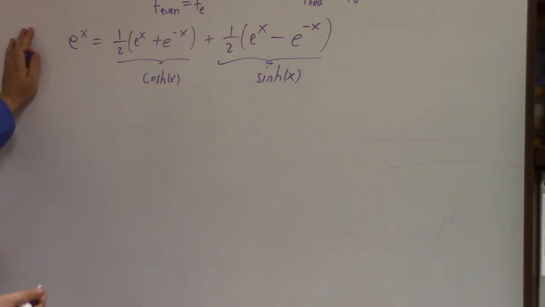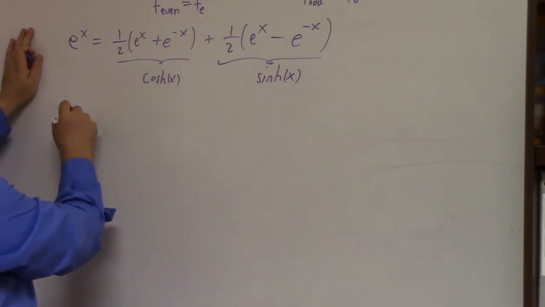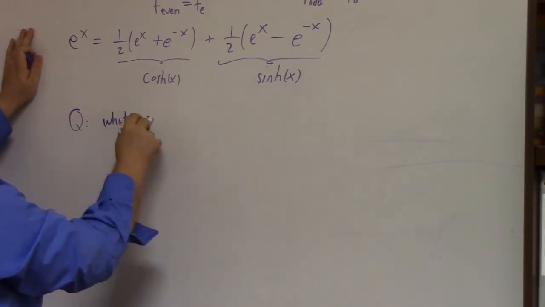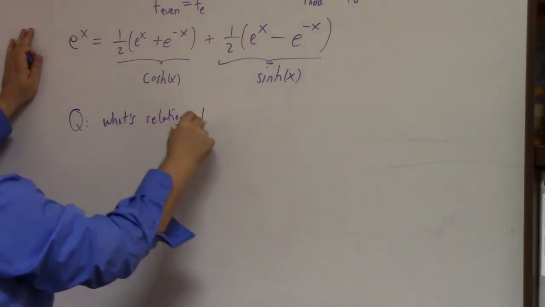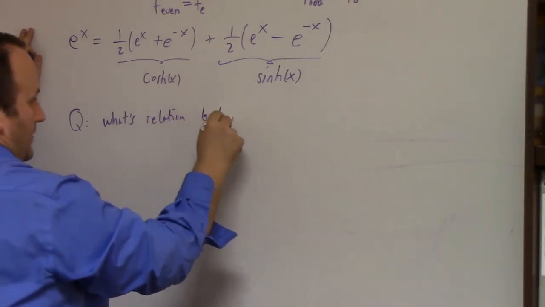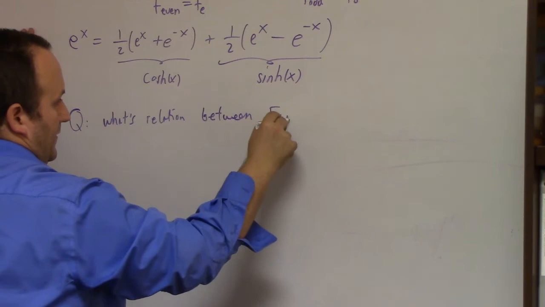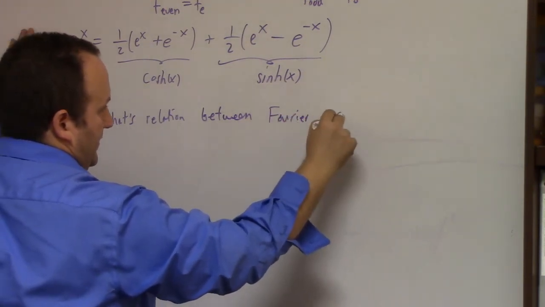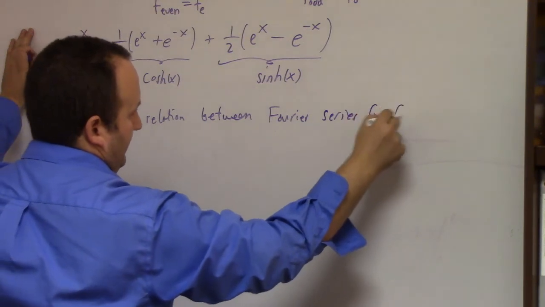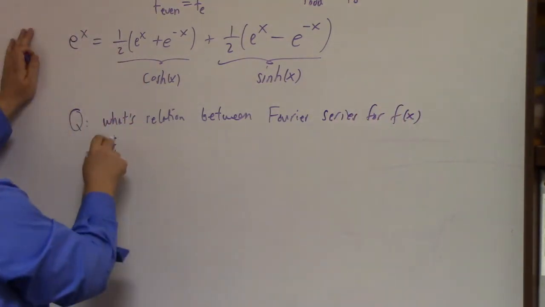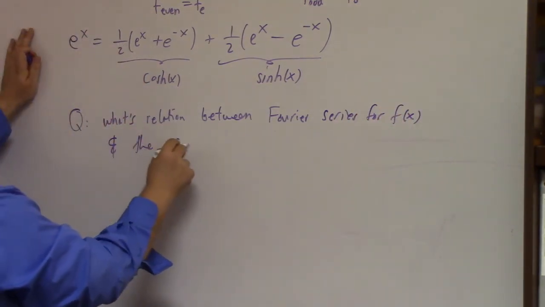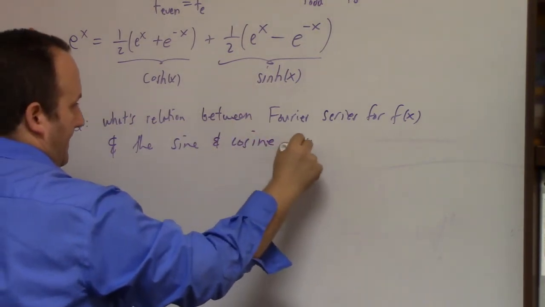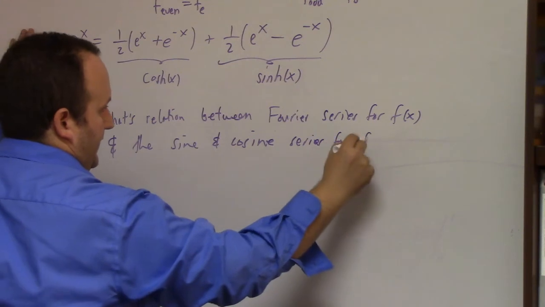Anyway, here's the story. The question that Haberman poses is, what's the relation between the full Fourier series for f of x and the sine and cosine series for f of x?